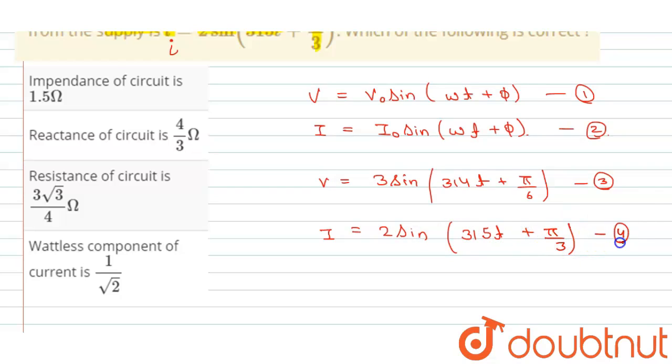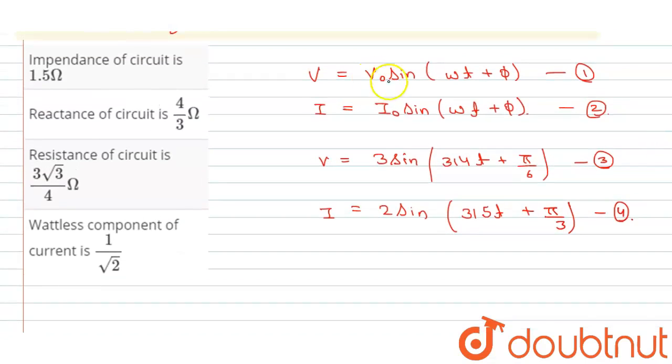This is equation 4. Okay, so we have 4 equations. Here we get the values of V naught and I naught as 3 and 2, so I naught is equal to 2 and V naught is equal to 3.